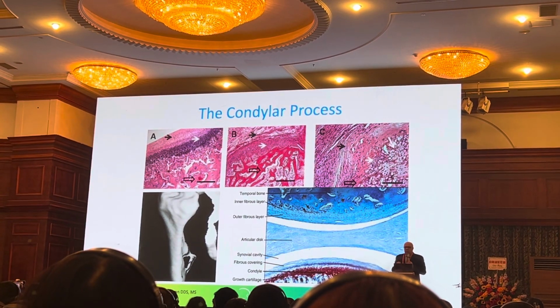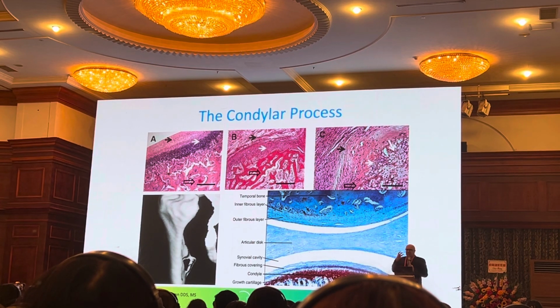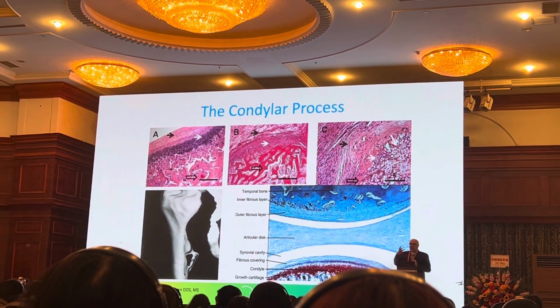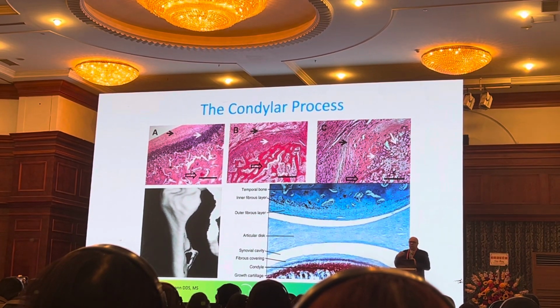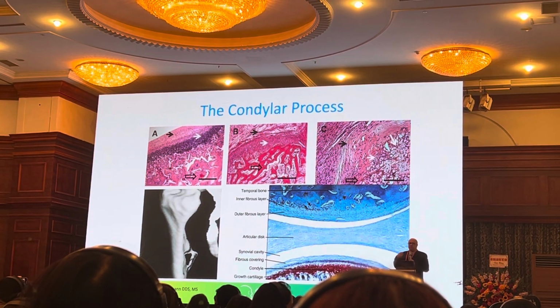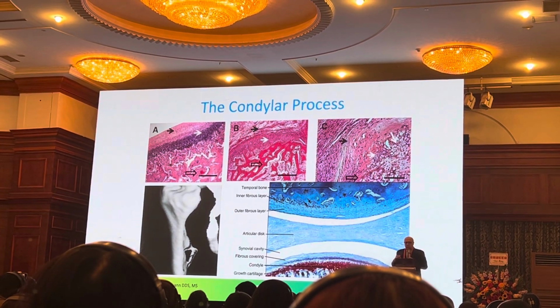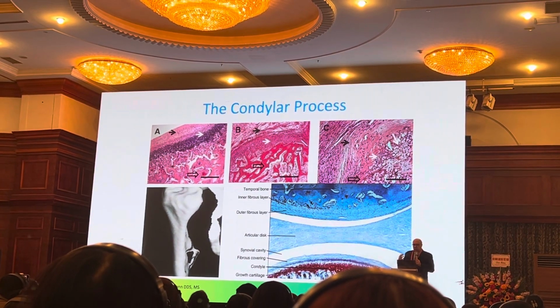It receives a lot of impact from the occlusal forces, and this system always needs to keep adapting, keep forming, keep renewing. This is a system with self-reconstruction all the time. So this is the capacity of the condyle joint.